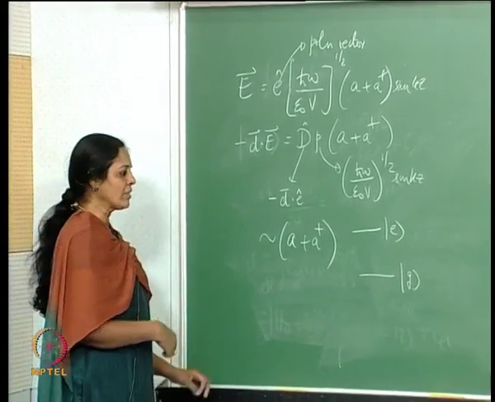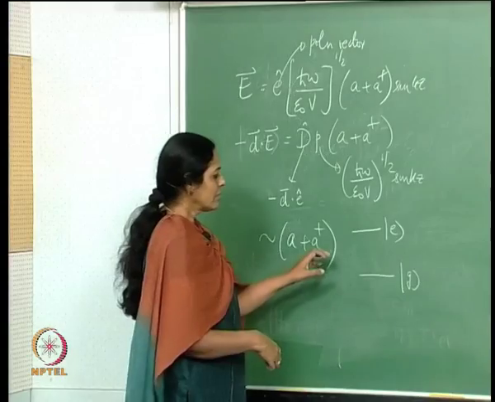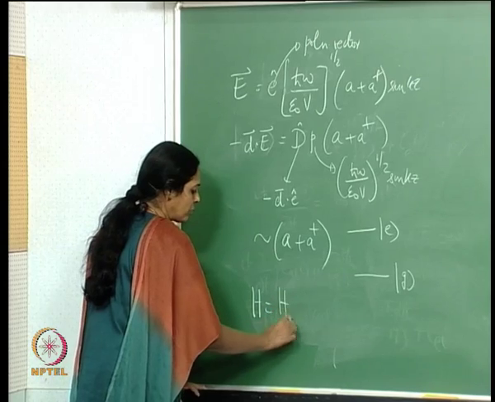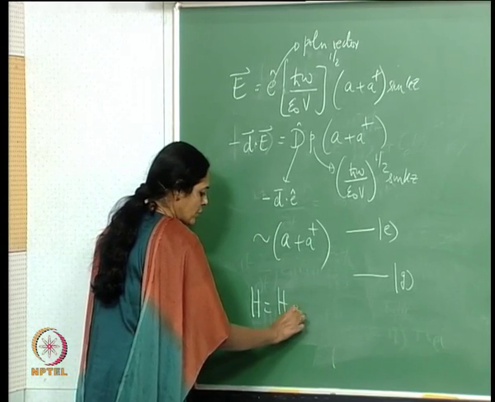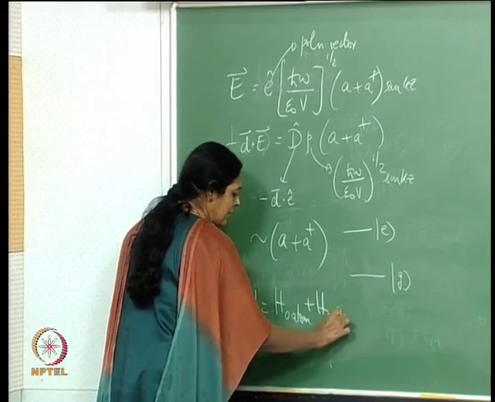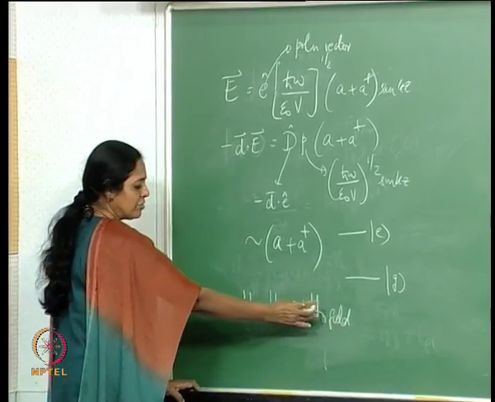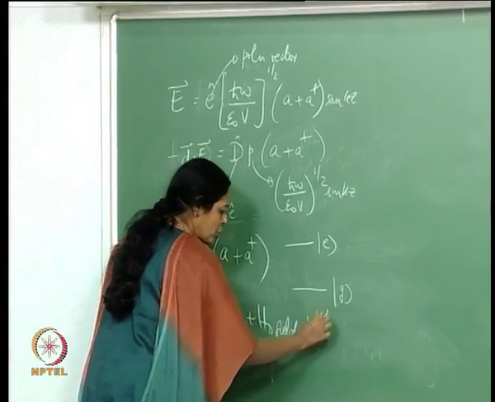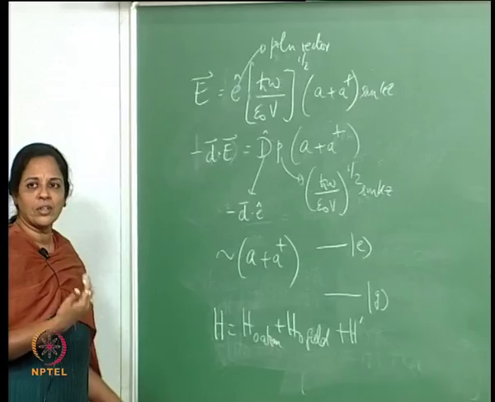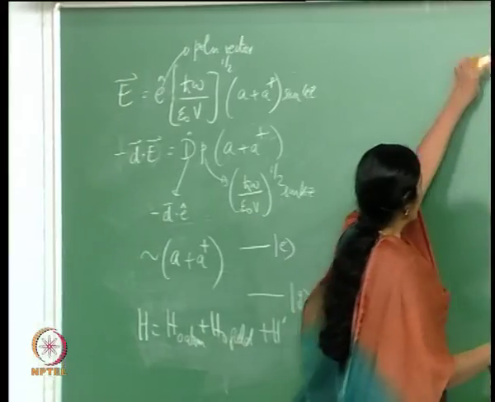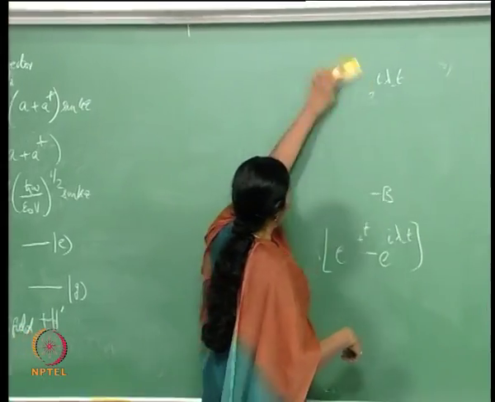And what are the two-level atom operators? First of all, the Hamiltonian itself would now have three parts, which is H naught of the atom plus H naught of the field. This is the free field Hamiltonian, that is the free atom Hamiltonian, plus H prime, which involves the interaction between the field and the atom. So, let us write down these terms one by one.